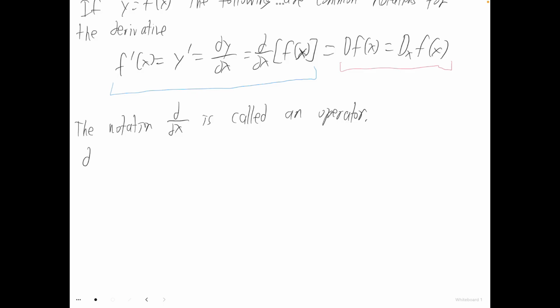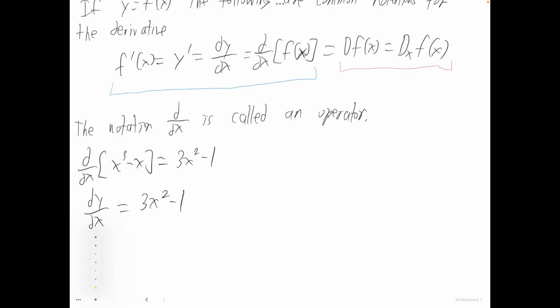When we write d over dx of something like x cubed minus x, we computed this earlier. This was 3x squared minus 1. That was one of the ones we did a minute ago. Now this notation of d over dx is saying find the derivative of x cubed minus x. Well, if we write dy over dx, we would just write this as 3x squared minus 1.